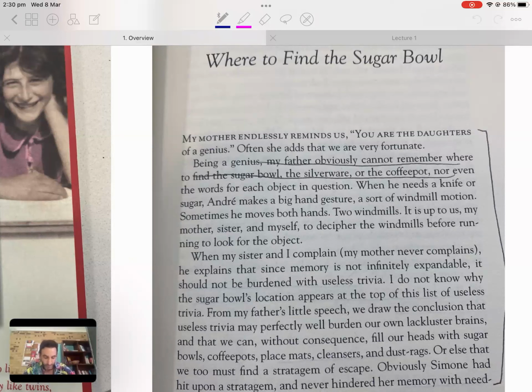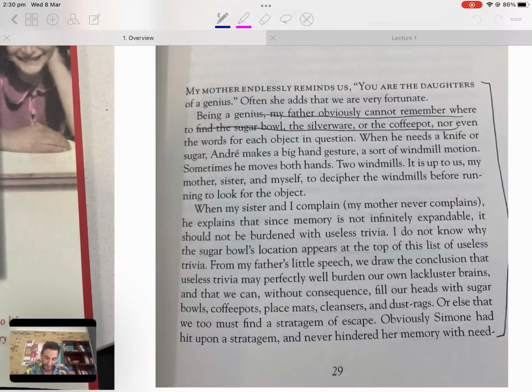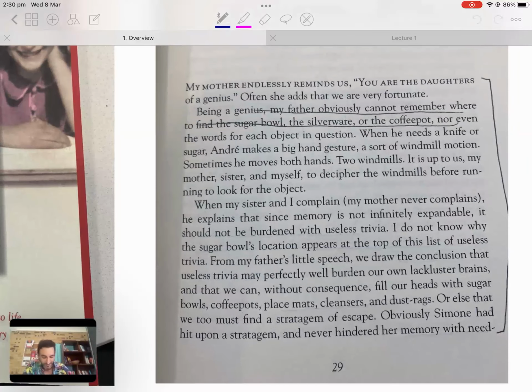It is up to us, my mother, sister, and myself, to decipher the windmills before running to look for the object. When my sister and I complain, my mother never complains, he explains that since memory is not infinitely expandable, it should not be burdened with useless trivia. I do not know why the sugar bowl's location appears at the top of this list of useless trivia.